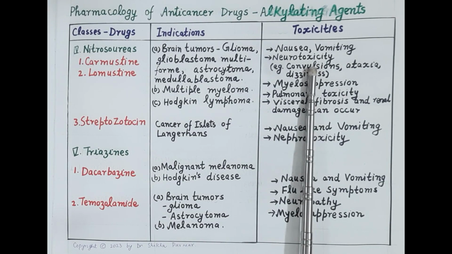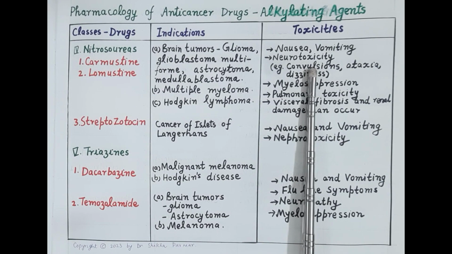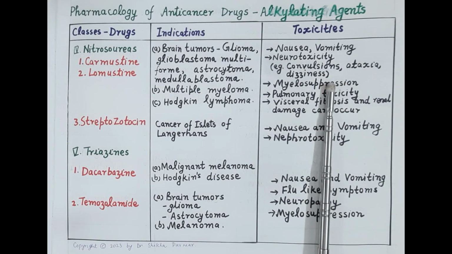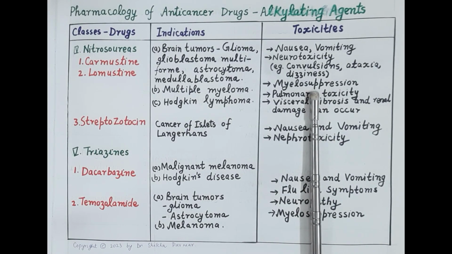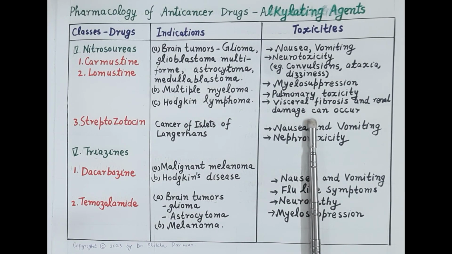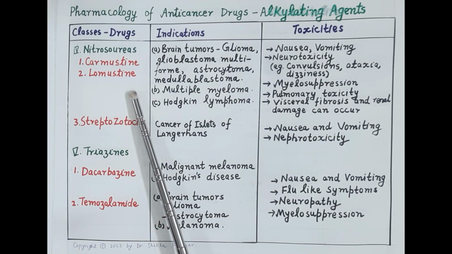Now, the specific toxicity of these two drugs is neurotoxicity that can cause convulsions, ataxia, and dizziness. These drugs can also cause myelosuppression, pulmonary toxicity, visceral fibrosis, and renal damage. So, this is about carmustine and lomustine.